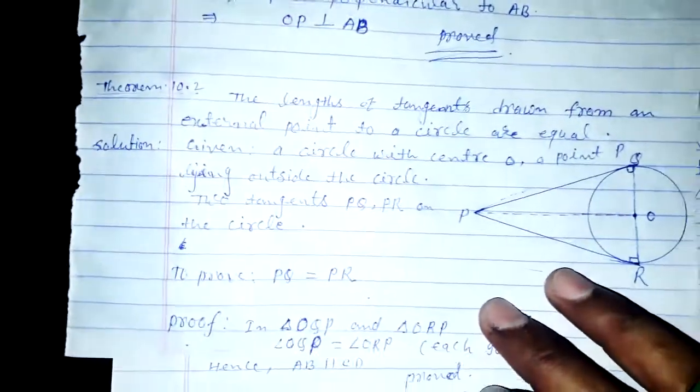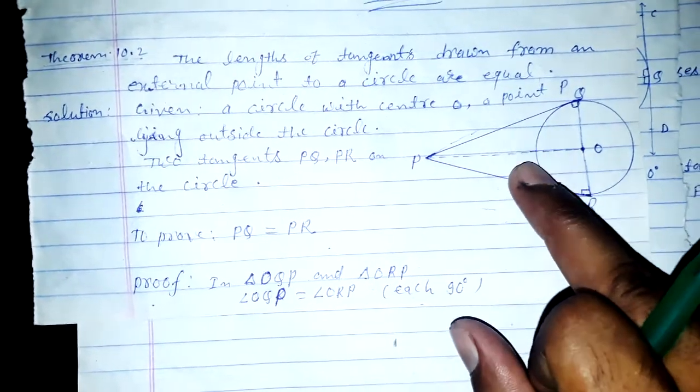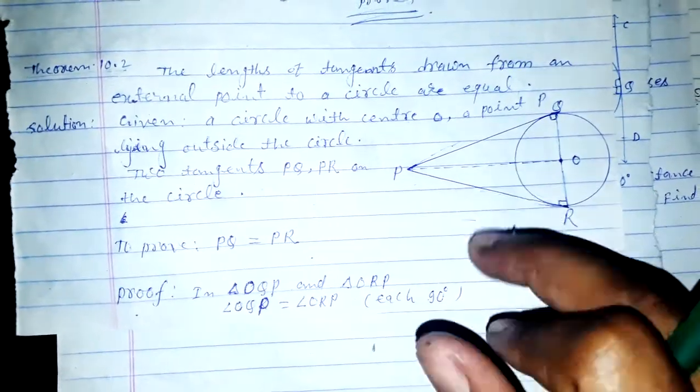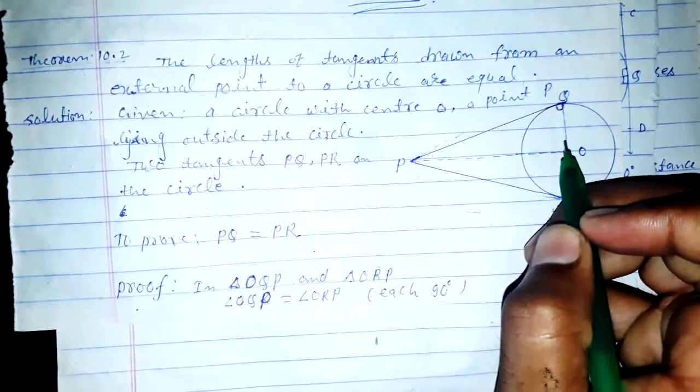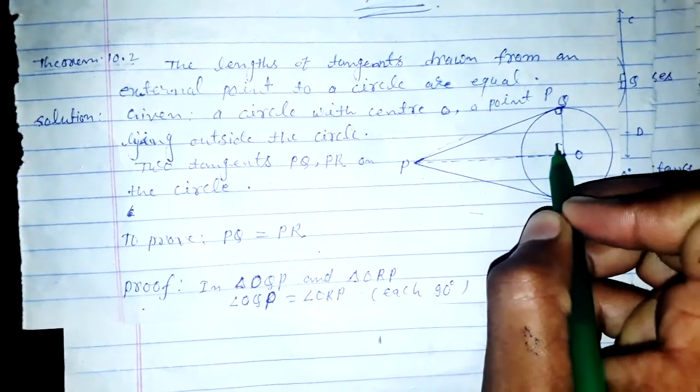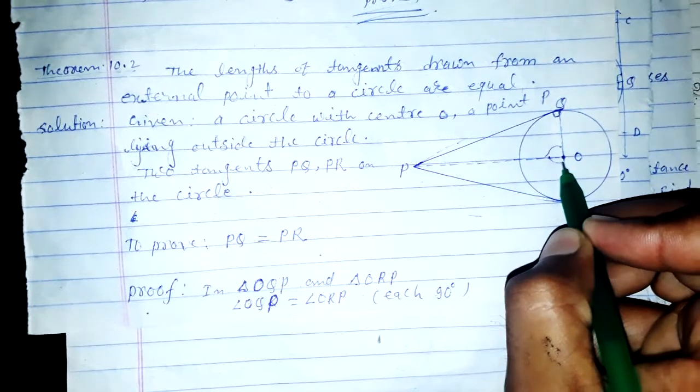This condition is also proved in the previous theorem: the two triangles are congruent, so by CPCT these angles are equal.